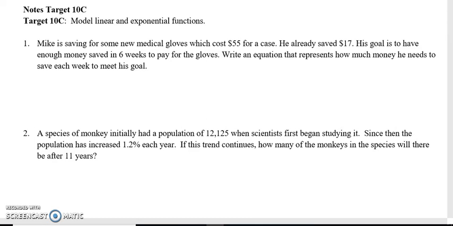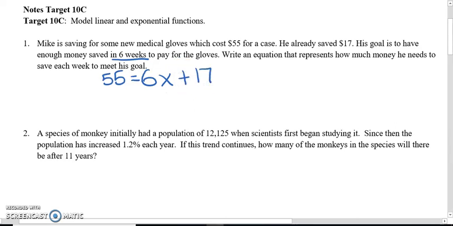So the way you're going to set it up, the cost of the gloves, which is 55, equal to the number of weeks that they have to save, which is 6 weeks, times x, plus the amount of money that they already have saved, which is 17. So again, the 55 represents the cost of the gloves.